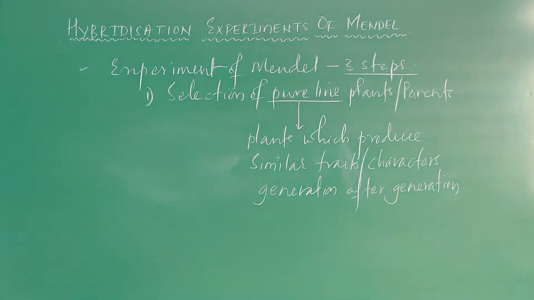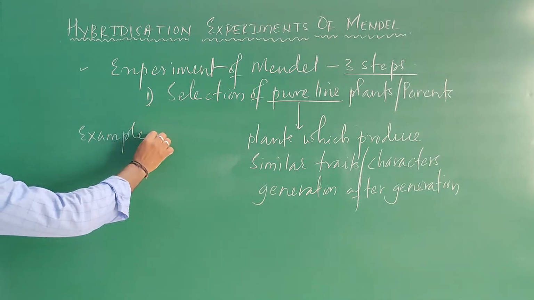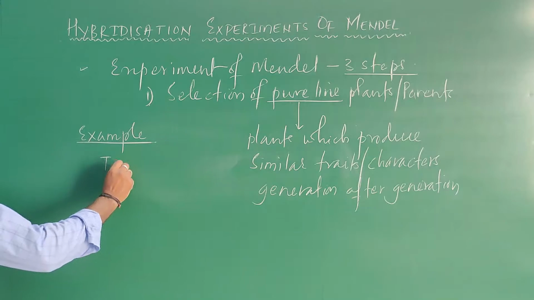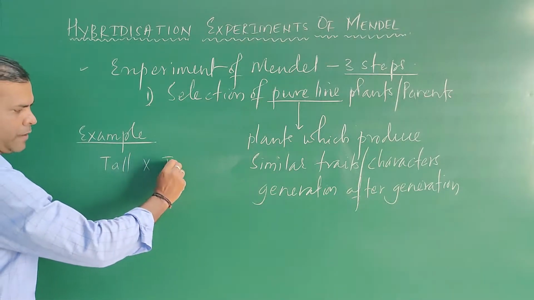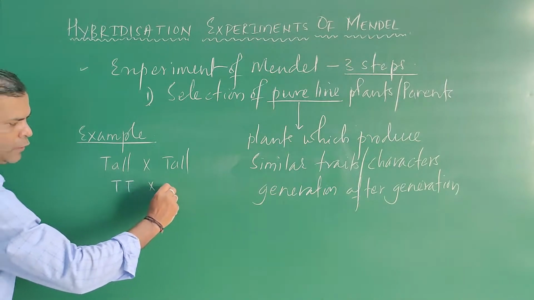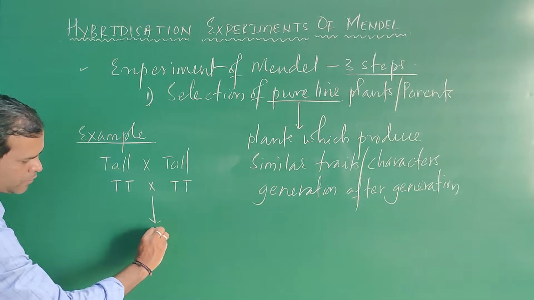For example, if you cross a tall plant with a tall plant, that is capital T into capital T, this always produces tall plants.